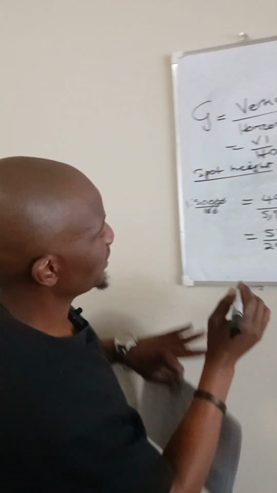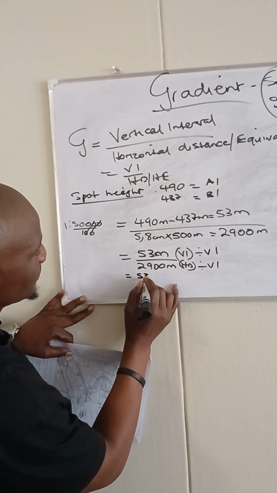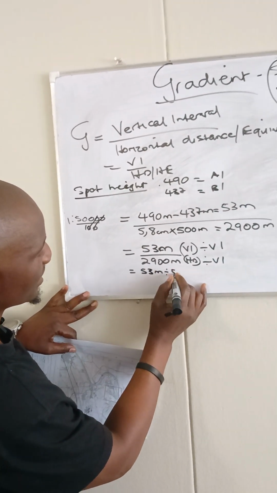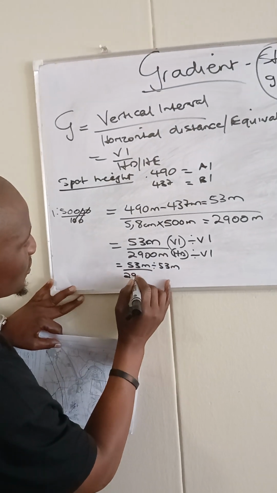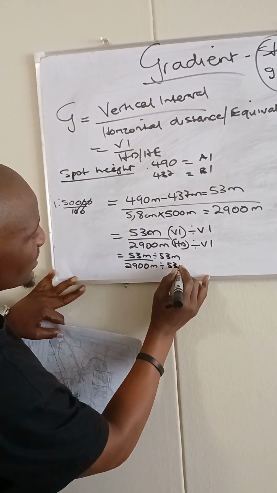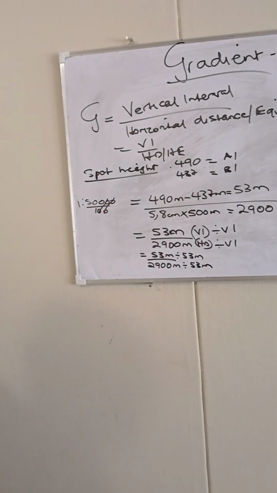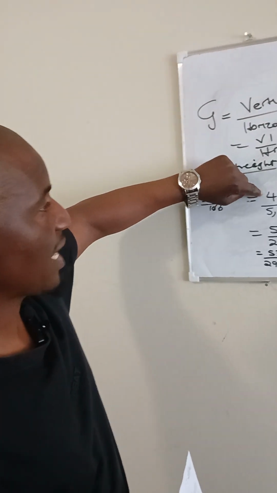So we are now saying 53 meters divided by 53 meters, and 2,900 meters divided by 53 meters. That's what we are saying, because here we have obtained our VI by subtracting the highest height minus the lowest height.